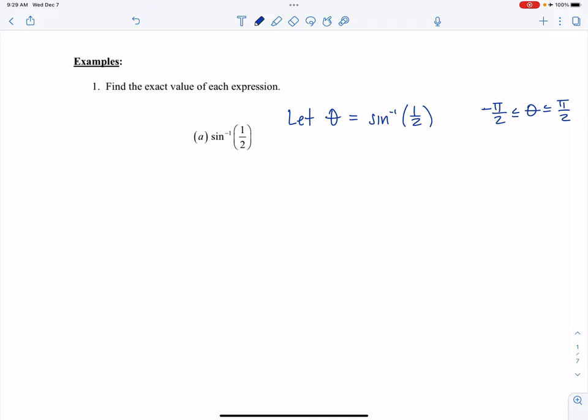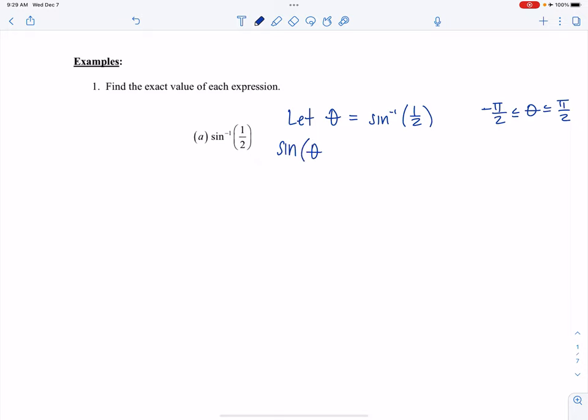Now, if we take theta equals sine inverse of 1/2, then we do the inverse of sine, and the inverse of sine is sine inverse. In order to undo sine inverse, I'm going to take the sine of both sides.